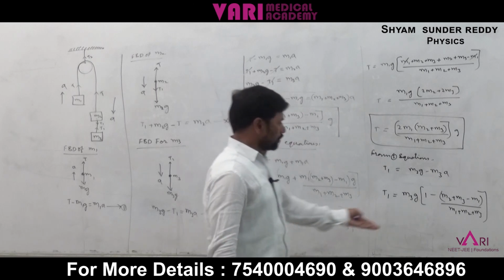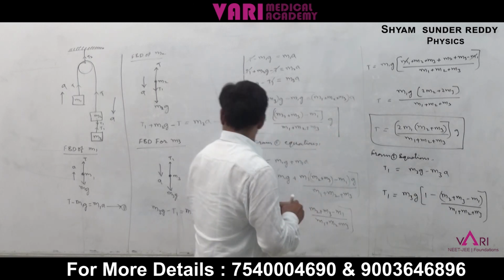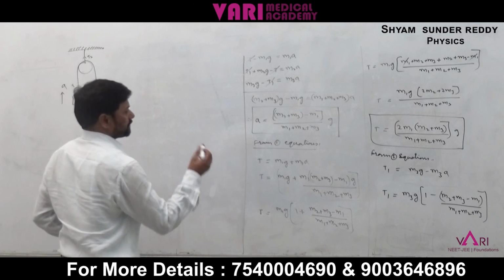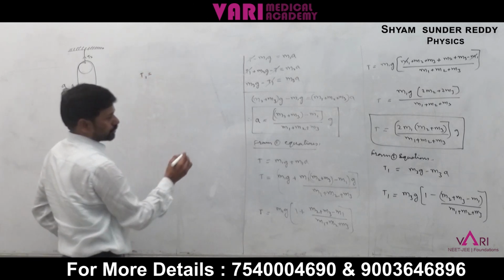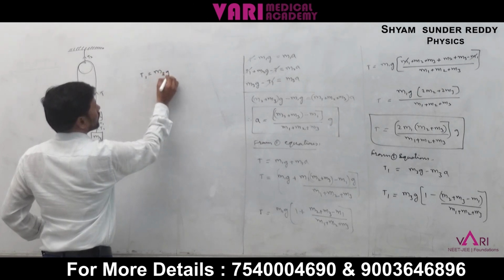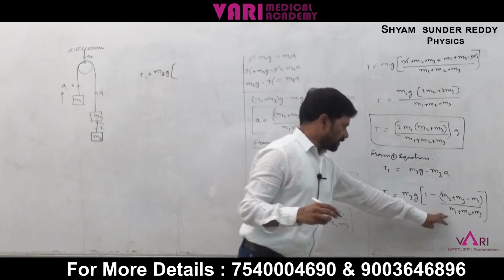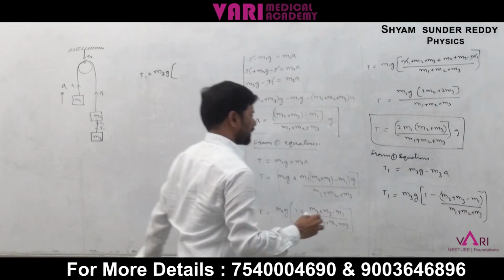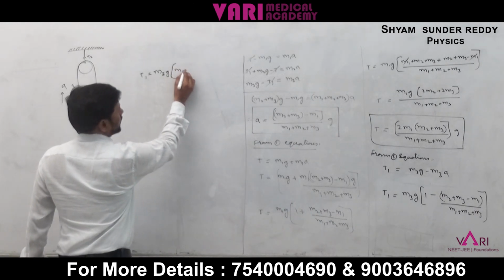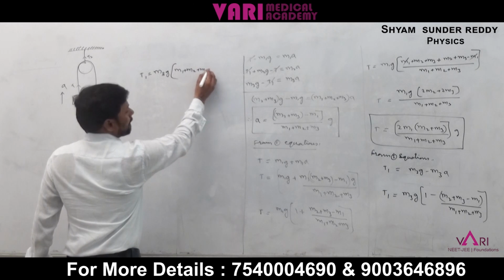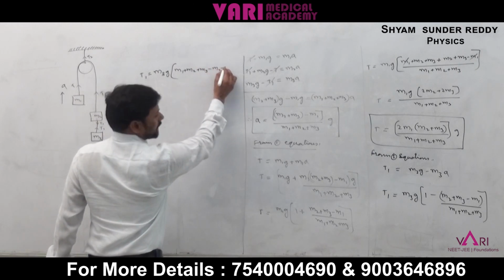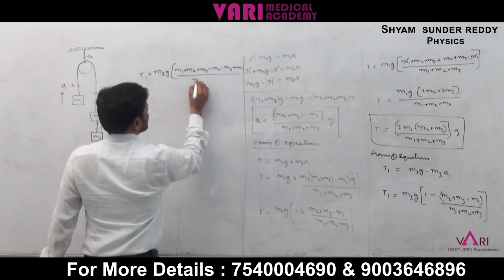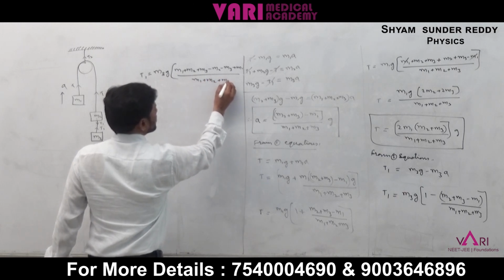Okay, now we want the LCM of this. T1 is equal to m3g into (m1 plus m2 plus m3 minus m2 minus m3 plus m1) by (m1 plus m2 plus m3).